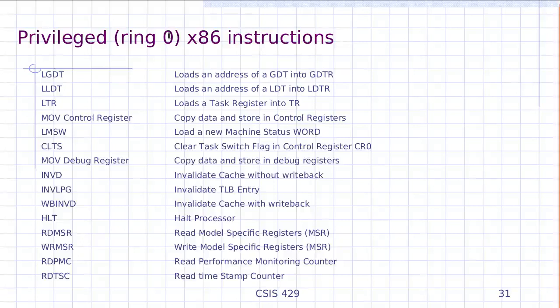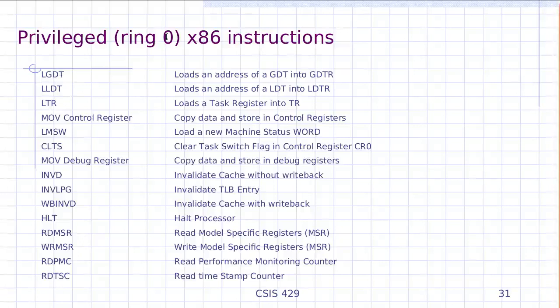So what are some privileged x86 instructions? There's all these global descriptor tables and local descriptor tables, things like that. Task register. You can do all these different instructions in privileged mode that you cannot do in user mode.